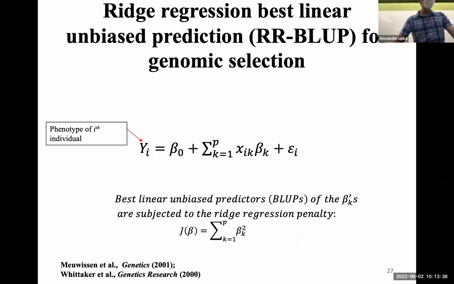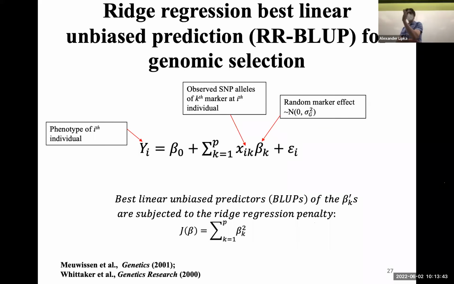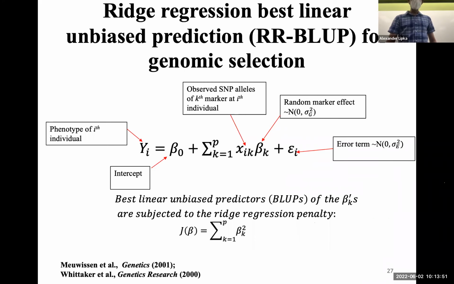So this is the phenotype of our ith individual. We include all P markers in the data set as our random effects. Then we have our error term and our intercept, and the BLUPs of these marker effects are subjected to the ridge penalty.